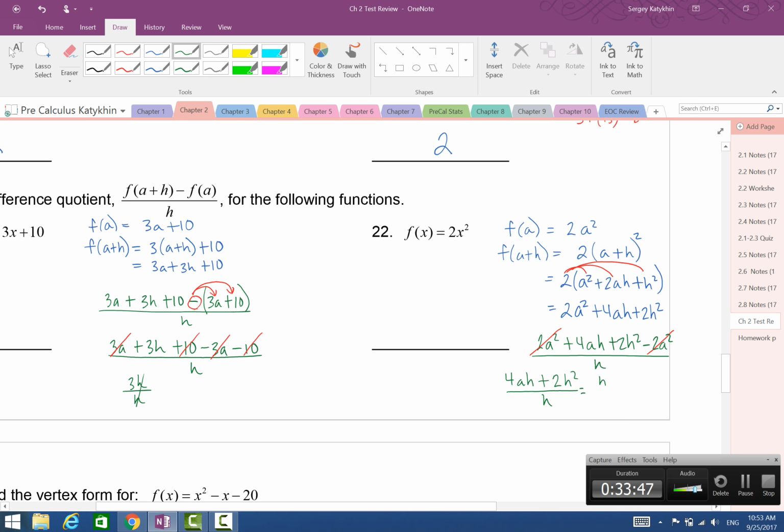So on top, when I factor out an h, I get the following: h times 4a plus 2h, divide that by h. Now you can simplify the h's, and your final answer will be 4a plus 2h.